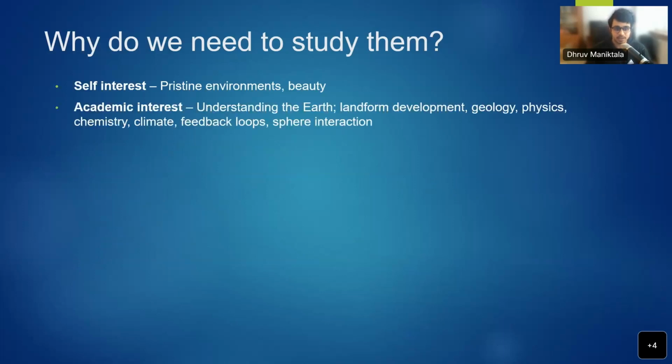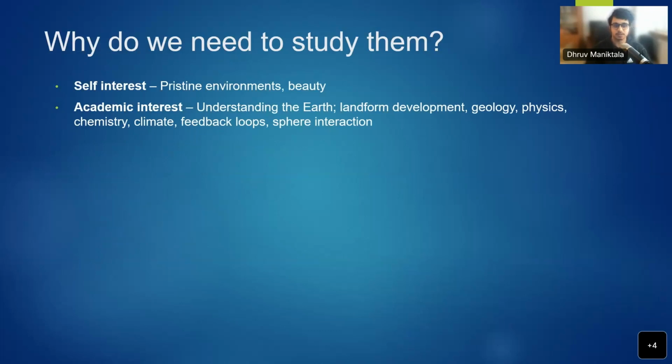Then we have academic interest. We want to understand the processes happening on Earth, the landform development, the geology, the previous climate, and the physics and chemistry related to glacier movement and the surface of the Earth.